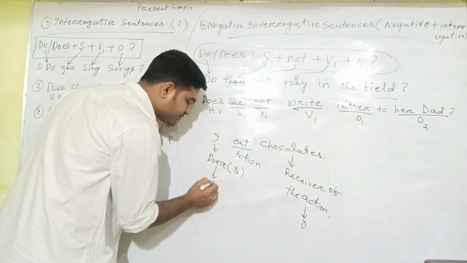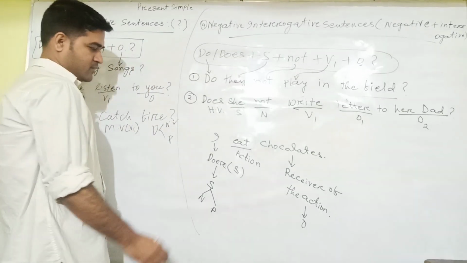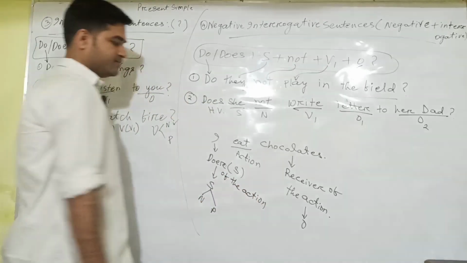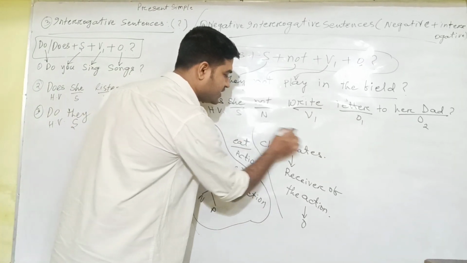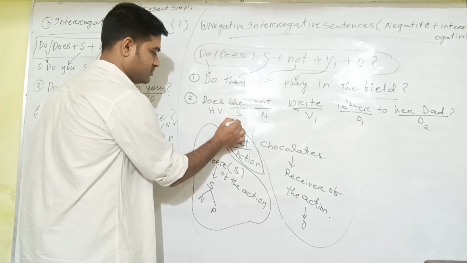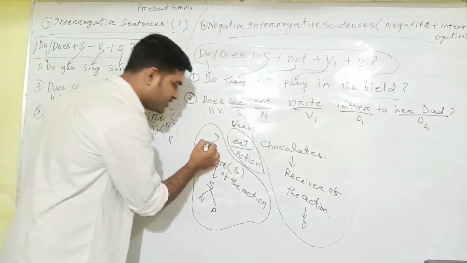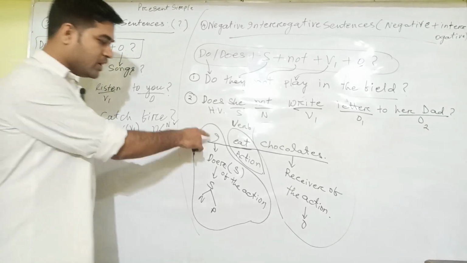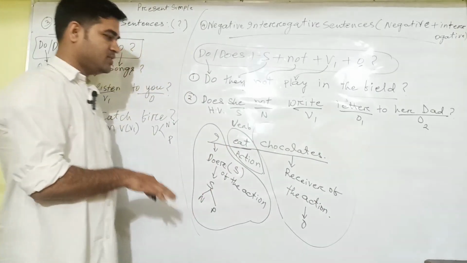Here the doer is the subject because it has to be a noun or pronoun. Doer of the action, that is the subject. Receiver of the action, that is the object, and the action itself is the verb. Now are you clear? If I write a sentence, I eat chocolates, we have these three things: doer of the action, receiver of the action, and the action itself.